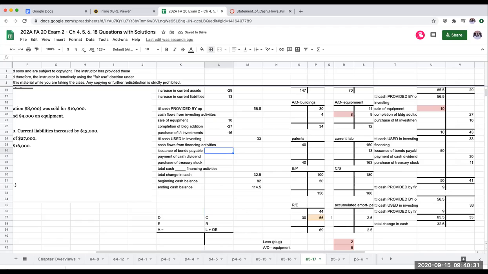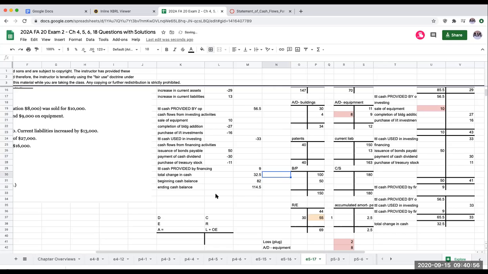So issuance of a bonds payable, this is going to be 50. Payment of a cash dividend, 30. Purchase of treasury stock, 11. So this is my total cash provided by financing activities of 9. So again, when I add these 3 numbers up, this should equal 32,500.